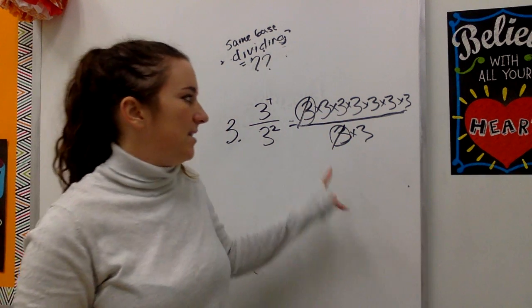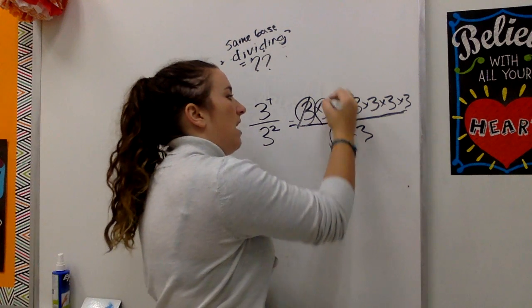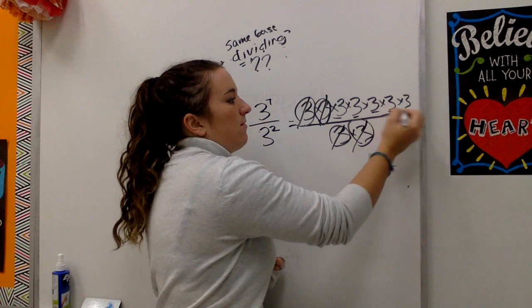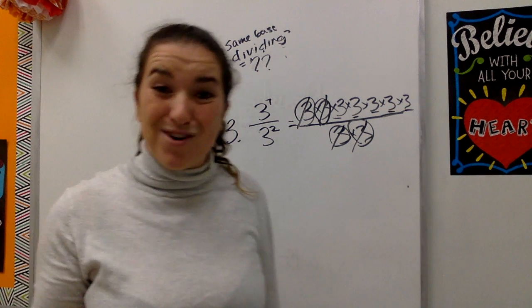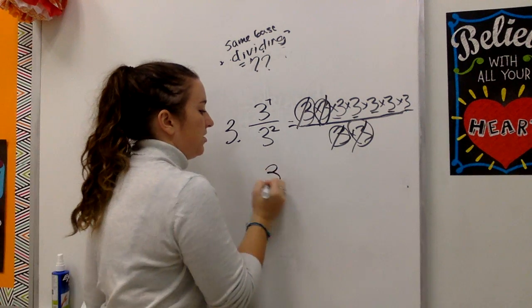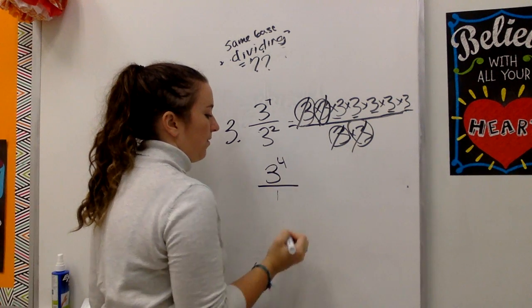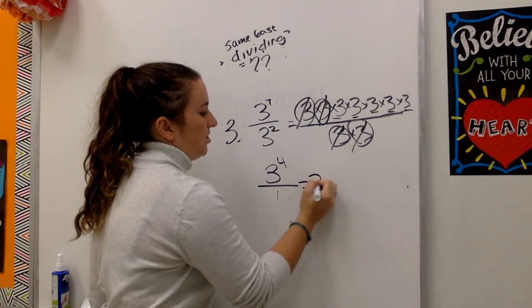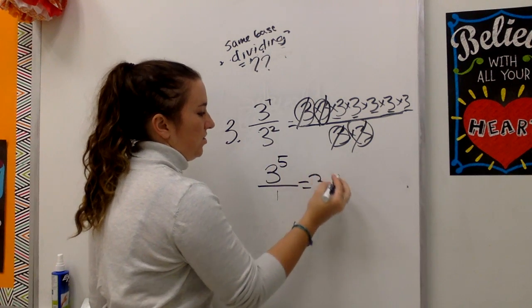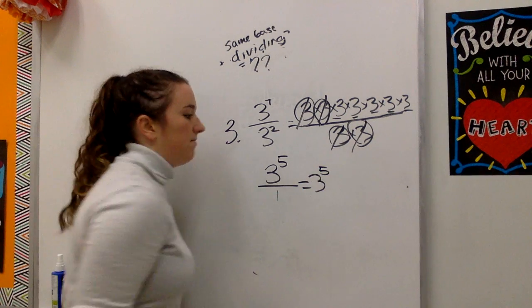Multiplying by 1 gives you the same answer, so we can cross it out. I have 2 more 3's we can cross out. We are left with 1, 2, 3, 4, 5 3's. Are they in our numerator or our denominator? Yep, they're in our numerator, so we can write this as 3 to the 5th over 1, which is just 3 to the 5th.